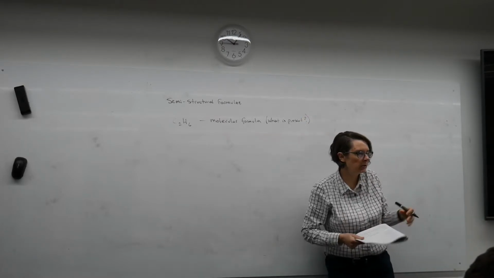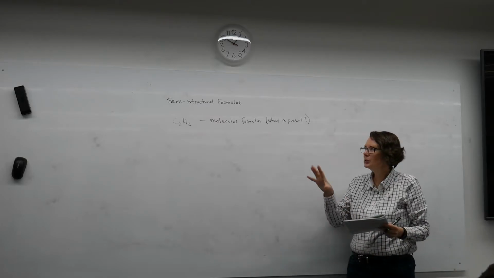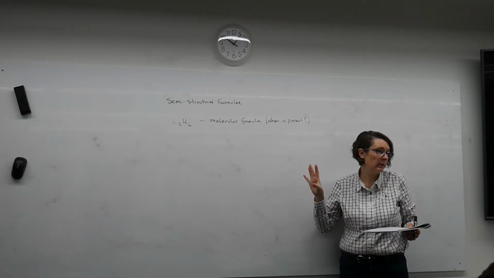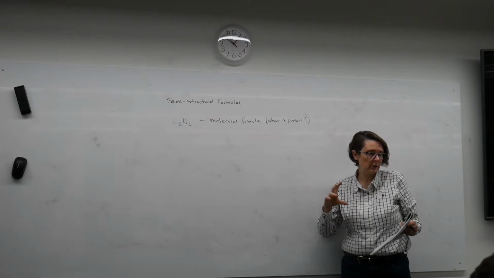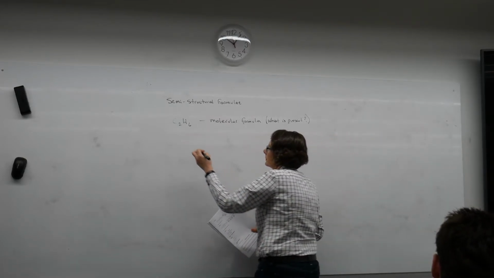But it really gives us no clue to the structure, does it? Because we can sort of work it out because this is quite simple. But if this was more complex, it wouldn't really tell us anything about the structure.